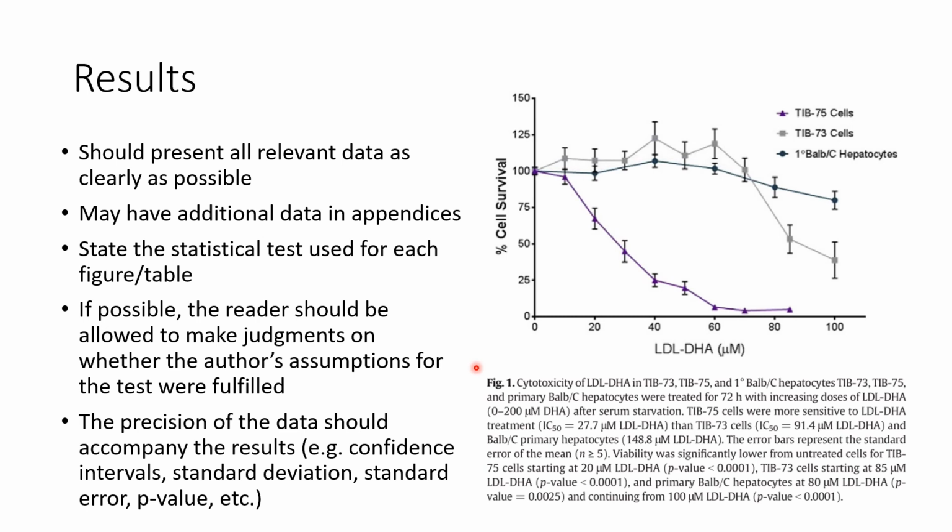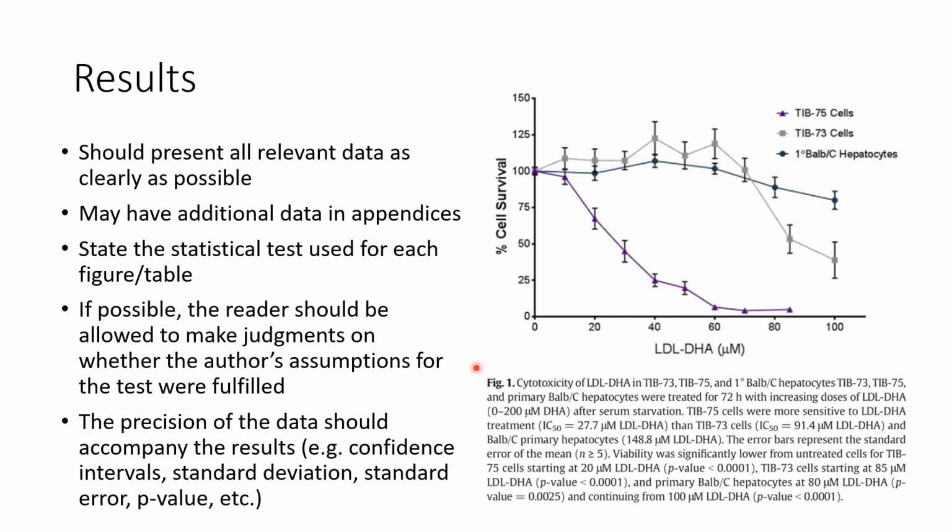But in this particular figure description, we can see that we looked at the cytotoxicity of LDL-DHA in 3 different cell types after they were treated for 72 hours with increasing doses, and it tells the concentration span after serum starvation.